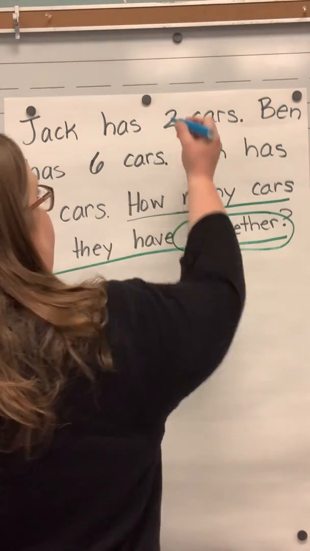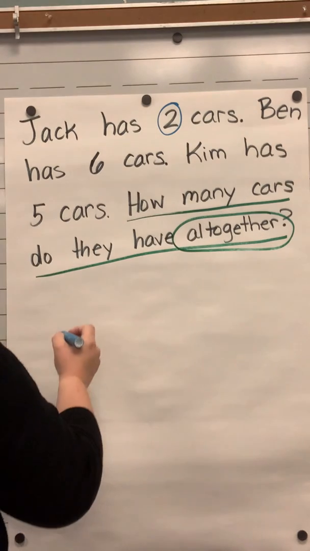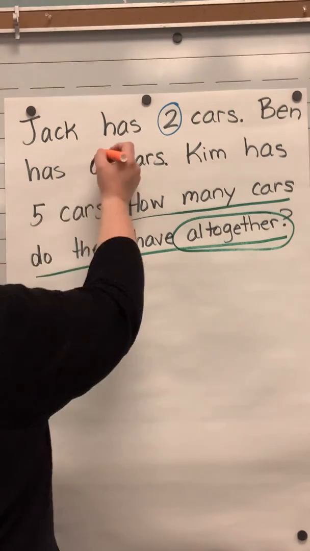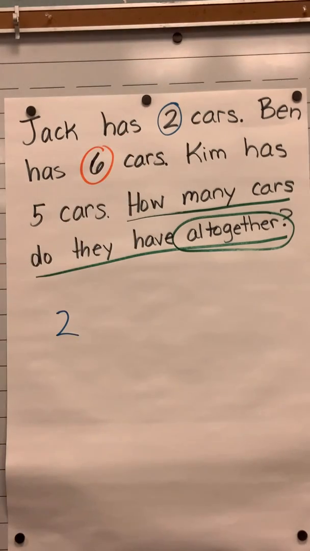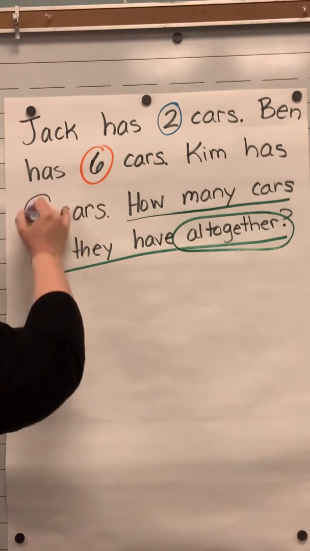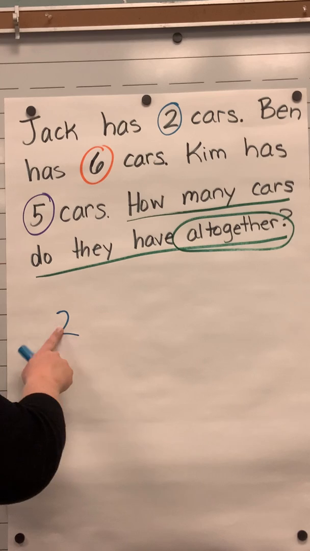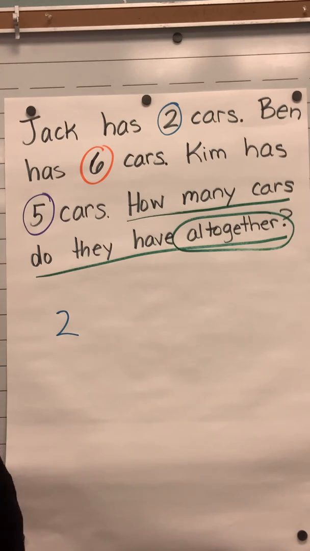We know Jack has 2 cars. Ben has 6 cars. And Kim has 5 cars. Whoops, I forgot to write that down. I got Kim, I have Jack has 2 cars.